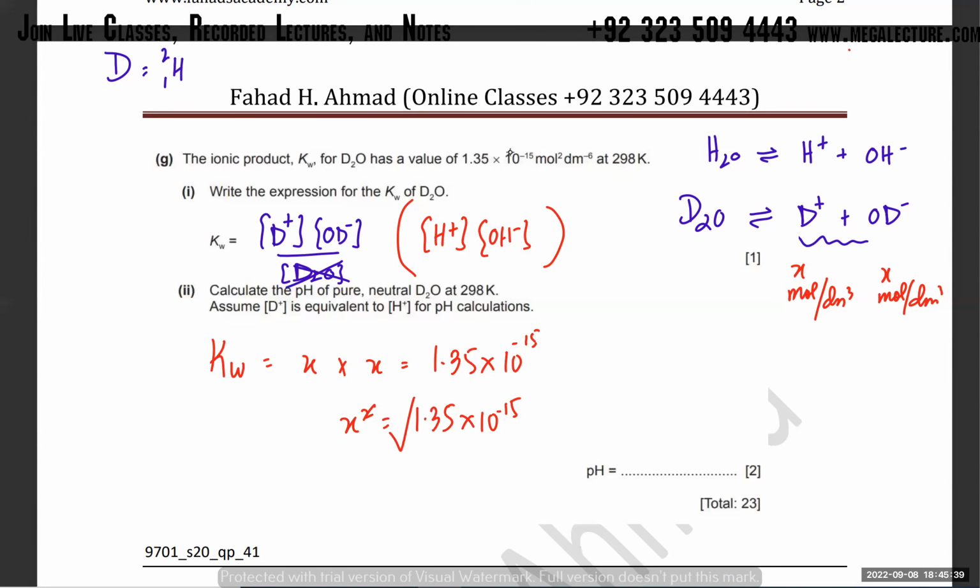Under root 1.35 e minus 15. Can somebody tell me what the value is?